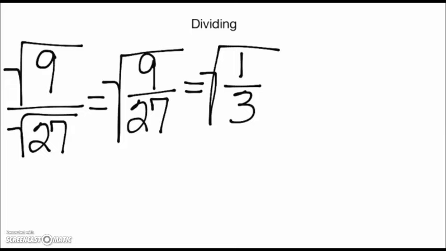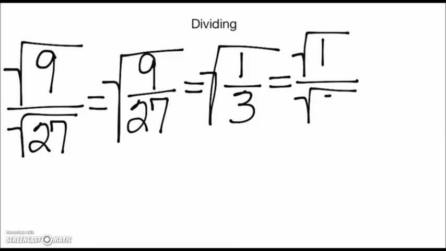So from here, we could also break this back down into its component parts, square root of 1 and square root of 3. And from here, we have a bit of a problem. You can't have a radical in the denominator. It's fine to have the square root of 1 in the numerator, but you can't have the square root of 3 in the denominator.